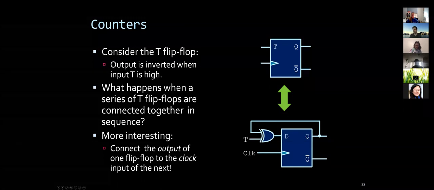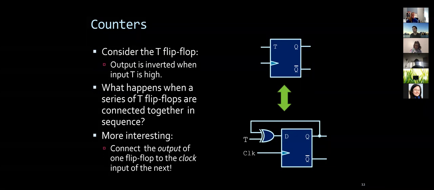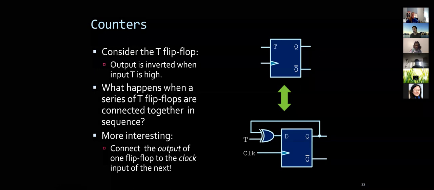So it has an inversion feature. Otherwise, it's pretty much the same for the purpose of our operation. So what happens if a series of T flip-flops are connected together in a sequence? Everything we build is like architecture, in real architecture, not computer architecture. We build bricks, bricks build walls, walls build rooms, rooms build the building. This is the way we design everything here.